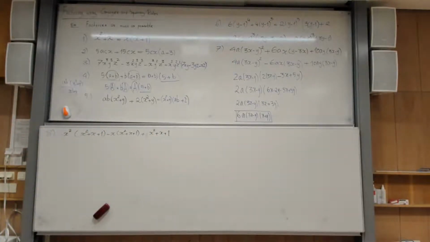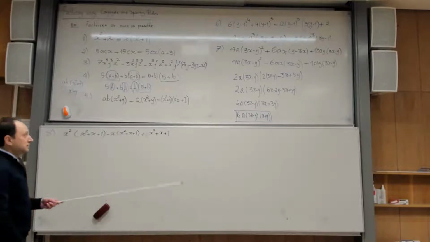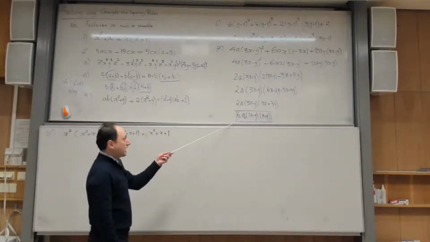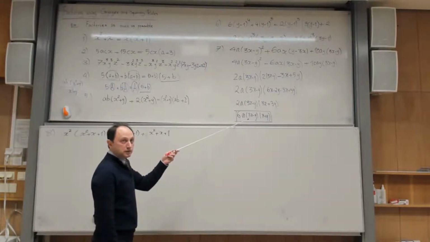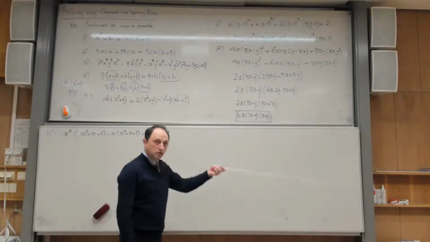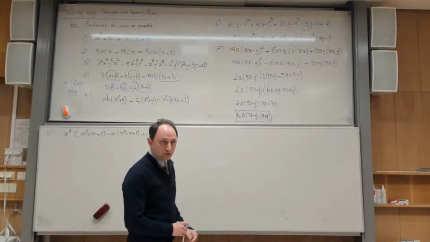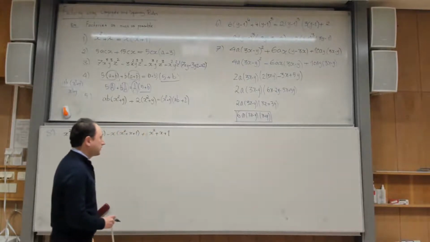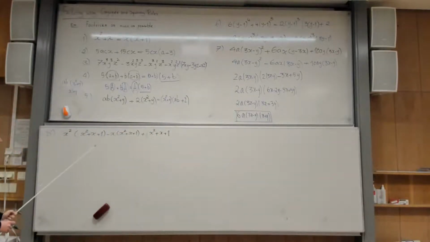Yes. So assume that I want to factorize this. Don't get confused. Don't confuse the logic. When you reach this point, you have to stop. But if I ask you to expand this, you still continue by removing pairs of brackets. Don't confuse the logic.